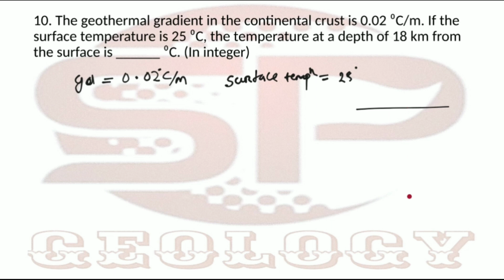So the gradient is 0.02 degree per meter; per meter it is increasing 0.02 degree. So what will be the temperature at 18 km depth?